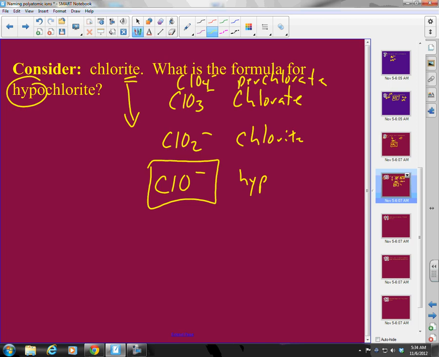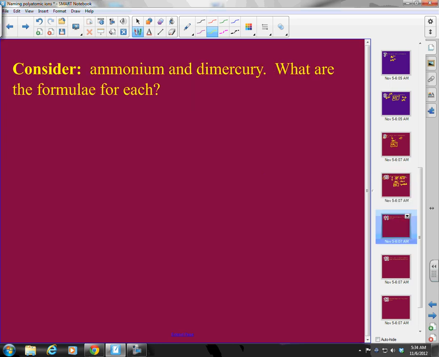Wow, and so this would be my whole family there of my chlorates, chlorites. Now, of course, I could substitute Br's, and I would have what? Perbromate, bromate, bromite, hypobromite. I could substitute I's, and I could have periodate, iodate, iodite, and hypoiodite.